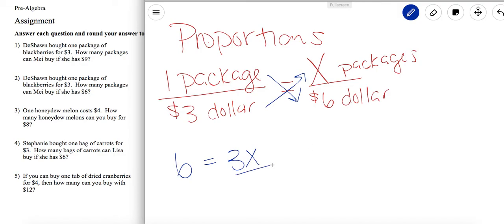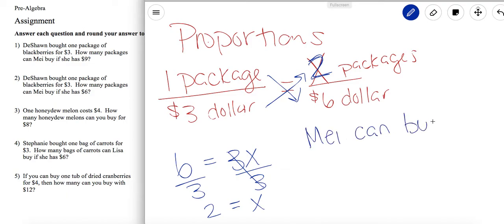We're going to divide both sides by 3. And we get x equals 2. So what does this mean? This means that Mai can buy 2 packages.